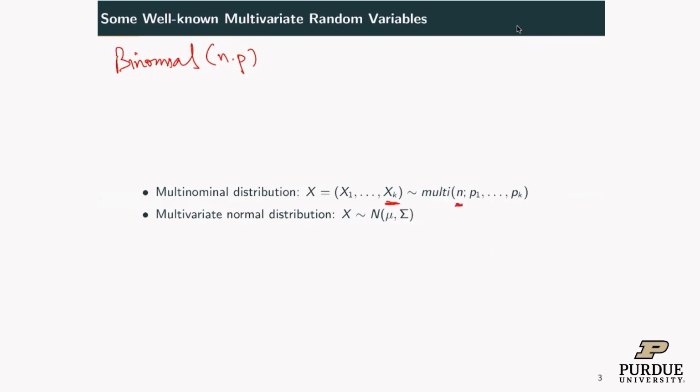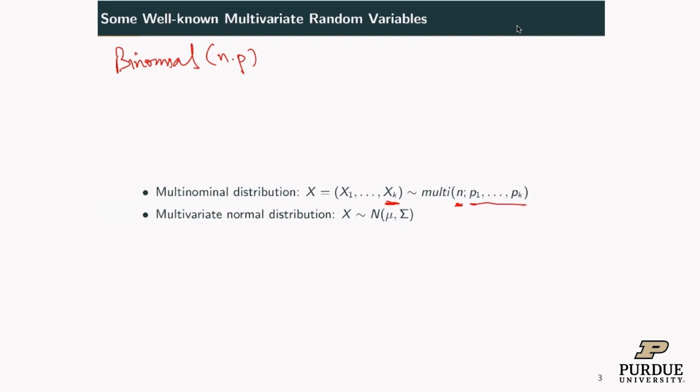Now you count how many times the first situation occurs, x1, up to how many times the k-th situation occurs, xk. You put the counts together. This follows a multinomial distribution. For each situation, you have success probability, p1 to pk. So this will give you the multinomial distribution. They are discrete random variables.